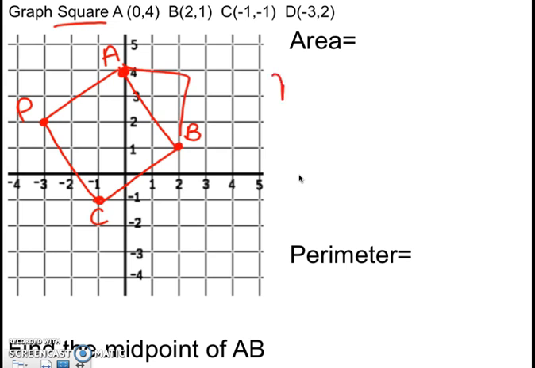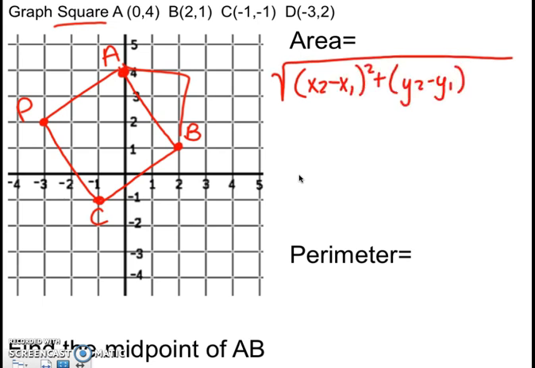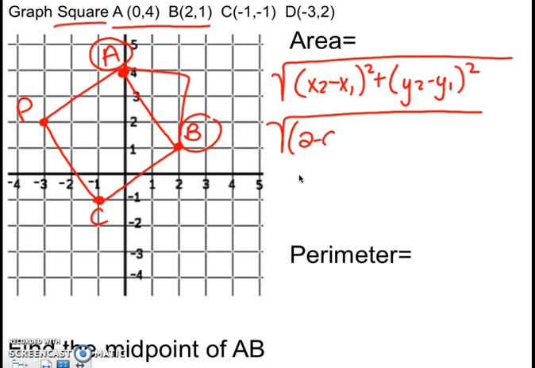Okay, so first up I'm going to start with my distance formula, which was the square root of (x2 minus x1) squared plus (y2 minus y1) squared. So when you plug in points A and B, again, you could pick whatever points you want, but I would do 2 minus 0 squared plus 1 minus 4 squared.